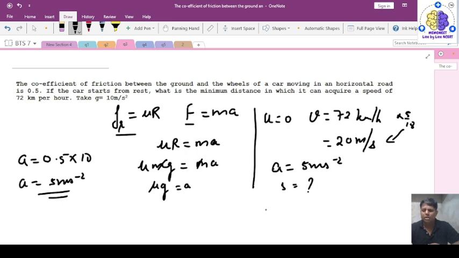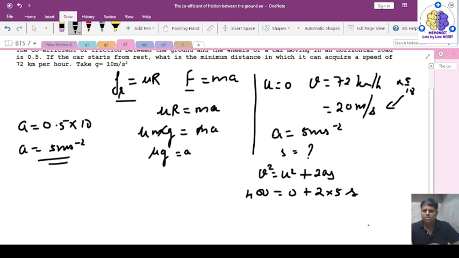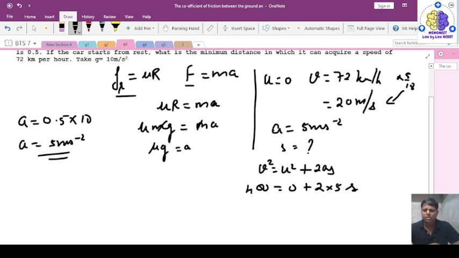So we will use the equation v square is equal to u square plus 2as. Putting the values we get 400 is equal to 0 plus 2 into 5 into s, right?